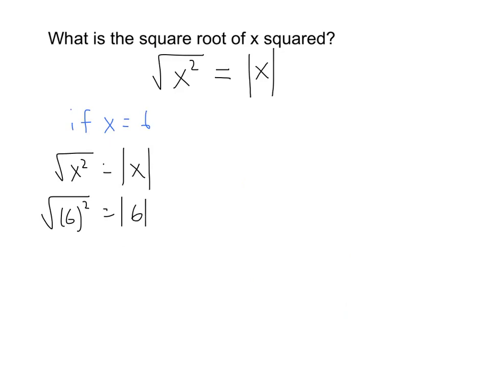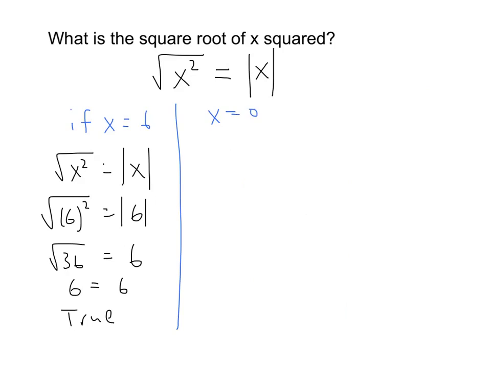Well, 6 squared is 36, so we have the square root of 36. The absolute value of 6 is 6, so the square root of 36 equals 6, and this is true. This is always going to work for positive values. Is this going to work for 0? Let's test x equals 0.